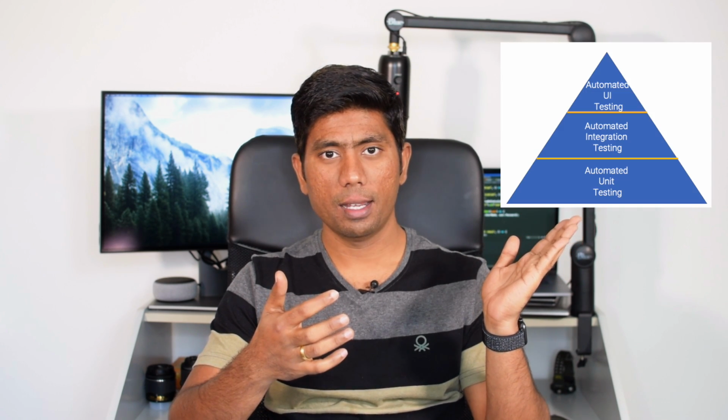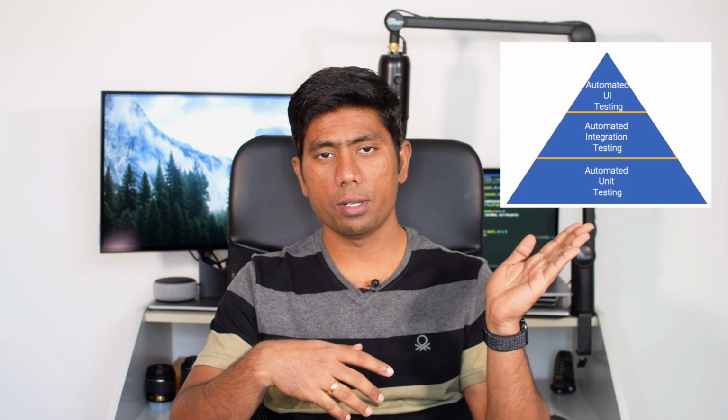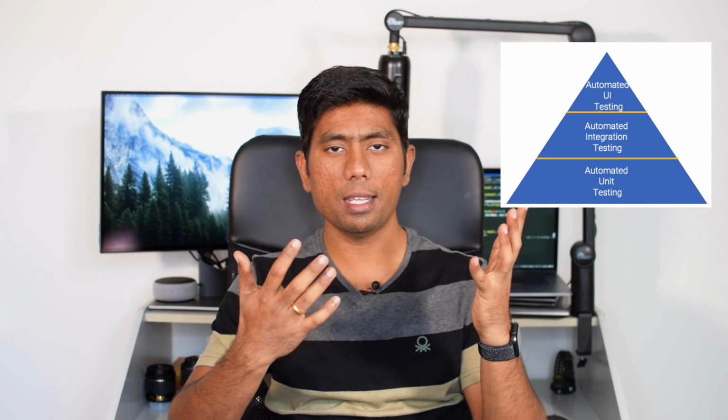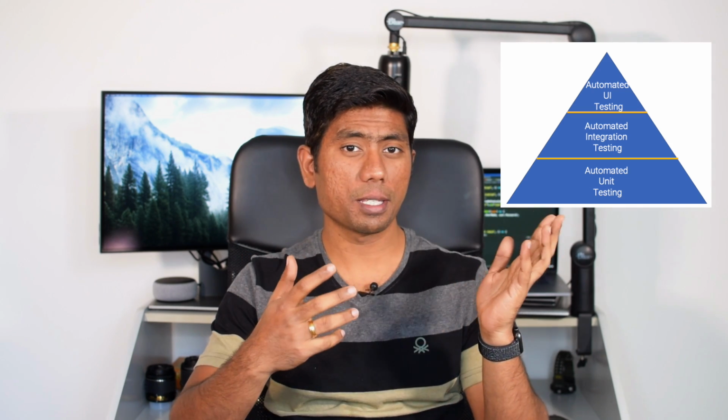But in reality, the author represented it as an automation testing pyramid. It has automated unit tests, automated integration tests, and automated UI tests. So it's completely automated, by the way, and we'll be discussing how to work with these kinds of testing within this pyramid.